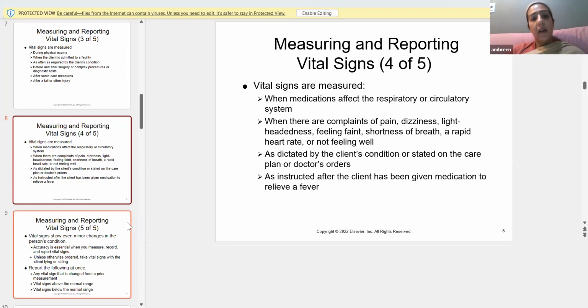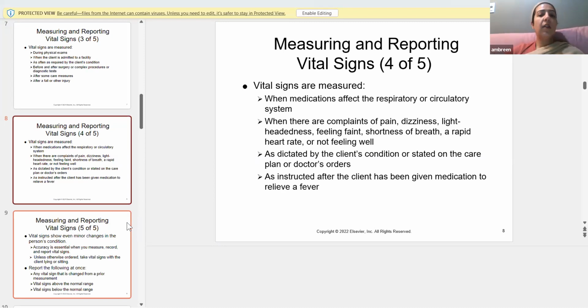You don't do it with a machine. Okay. When there are complaints of pain, dizziness, lightheadedness, feeling faint, shortness of breath, rapid heart rate, or not feeling well, when do we measure vitals? When there's pain, when your client says he's in pain. If he's in pain, his vitals will be very high. If you are in pain, you keep moving, your heart has to pump more.